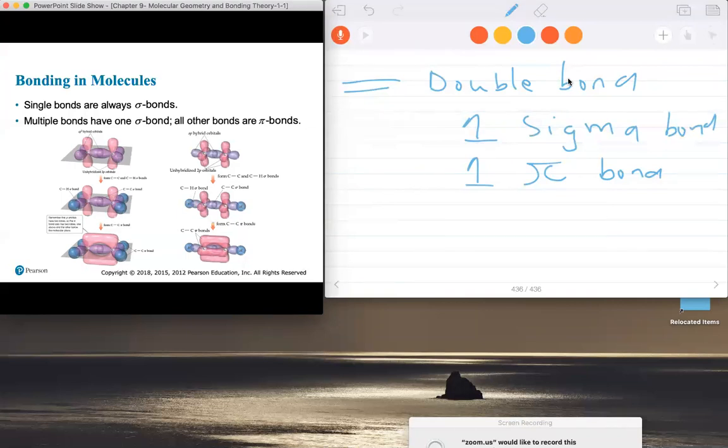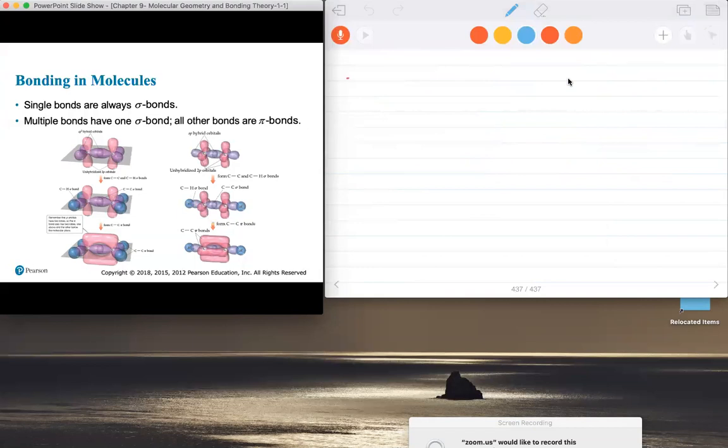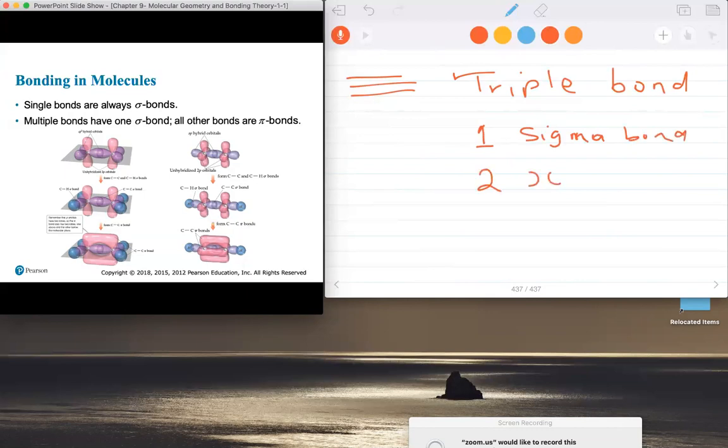When we get to a triple bond, that means 3 lines from chapter 8. Just be sure, triple bond. In the bottom diagram, if you look in between, you can see there is a single bond. So it consists of one sigma bond and 2 pi bonds.